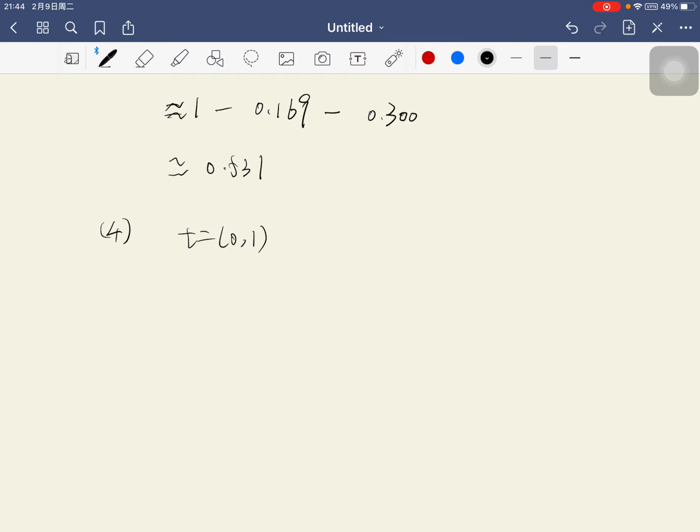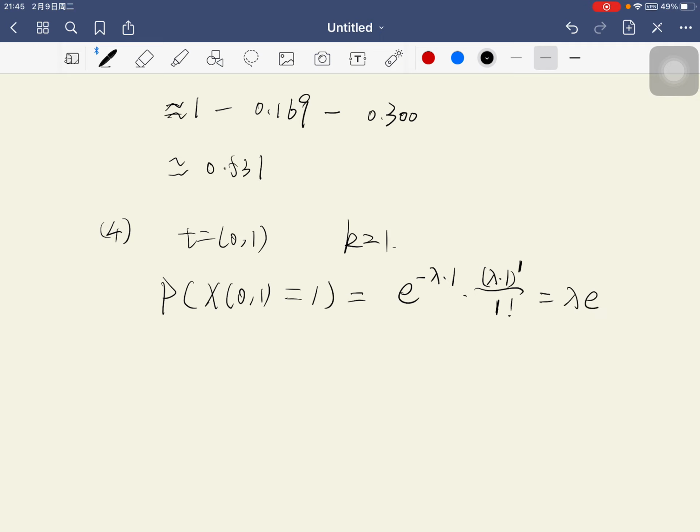So for the fourth question, we want to find, in 1 minute, the probability that exactly 1 customer arrives. We could compute the probability of X in 1 minute with only 1 customer arriving, using the function e to the power of minus lambda times 1, times lambda times 1 minute to the power of 1 customer over 1 factorial, which is equal to lambda times e to the power of minus lambda, about 0.149.